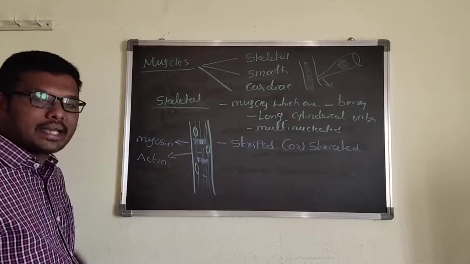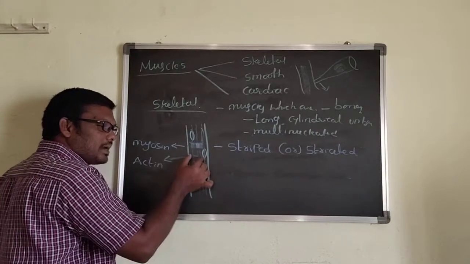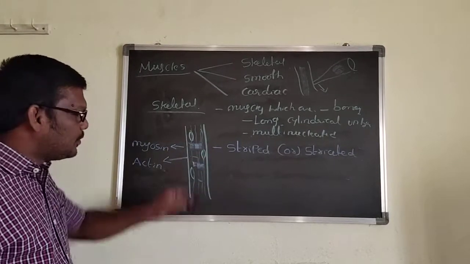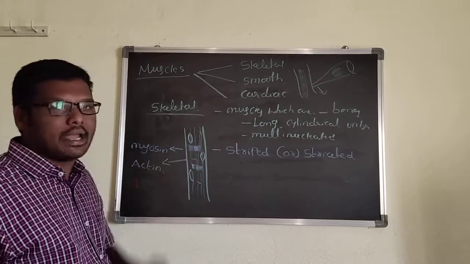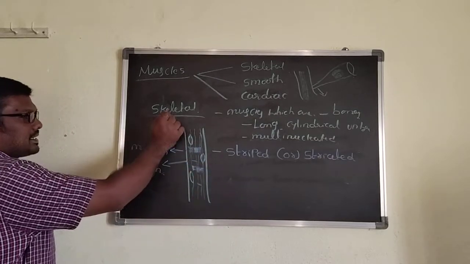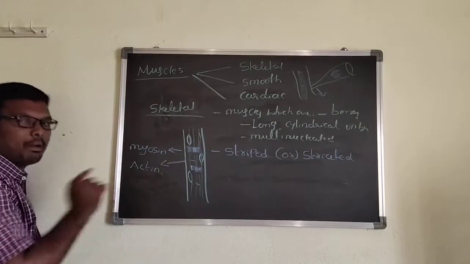It gets the striated appearance because of alternating dark and light color bands. That's why skeletal muscles are striated or striped muscles.